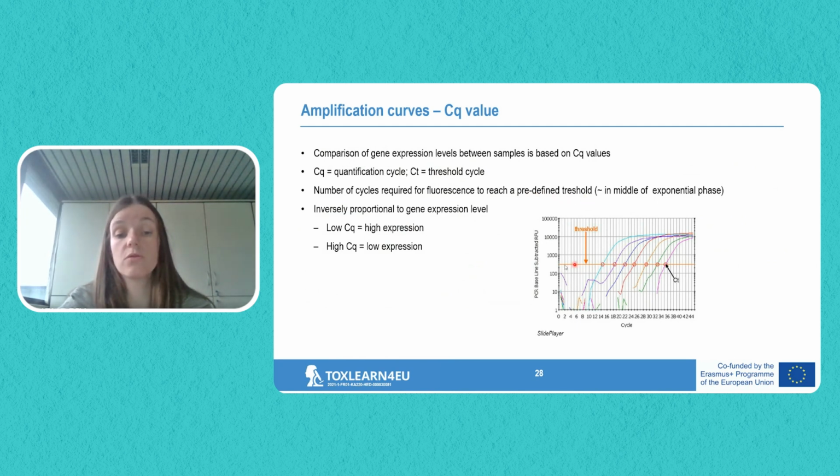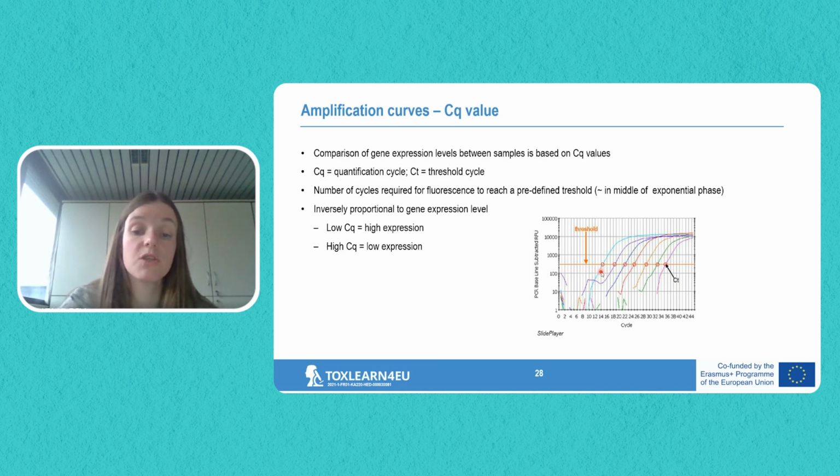So this threshold in this example figure here, it's this horizontal orange line, and it's placed more or less in the middle of this exponential phase, so the log linear phase. And what you will do, or what the analysis software will do for you, is for each sample, it will determine the so-called CQ or CT value. So here you can see different amplification curves for different samples, and each of them is shown in a different color.